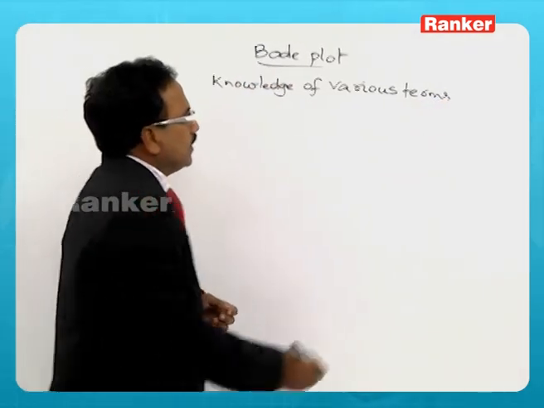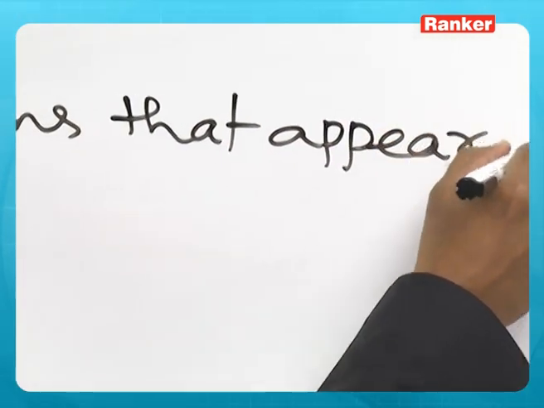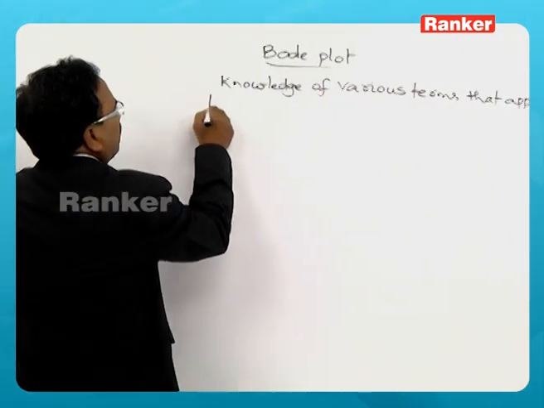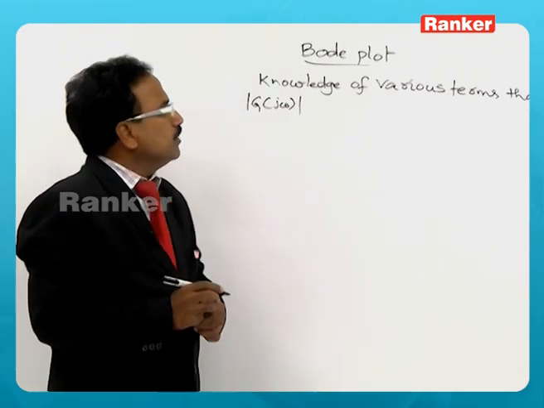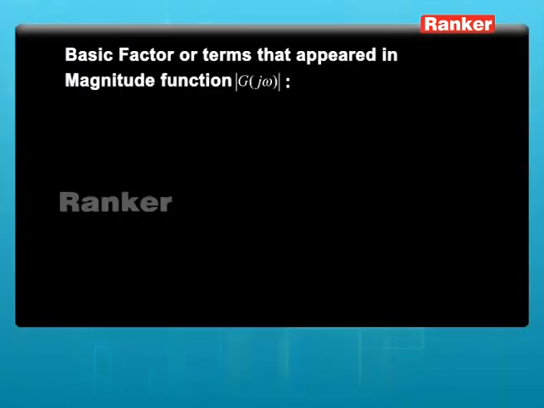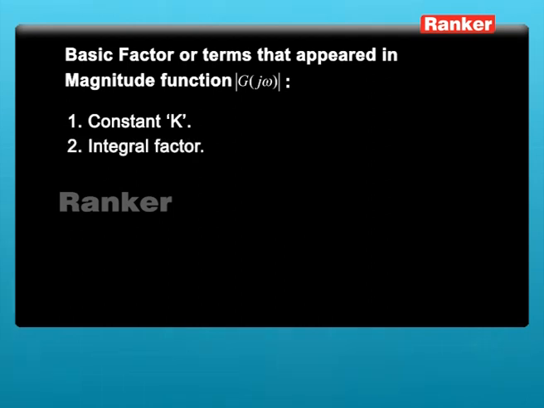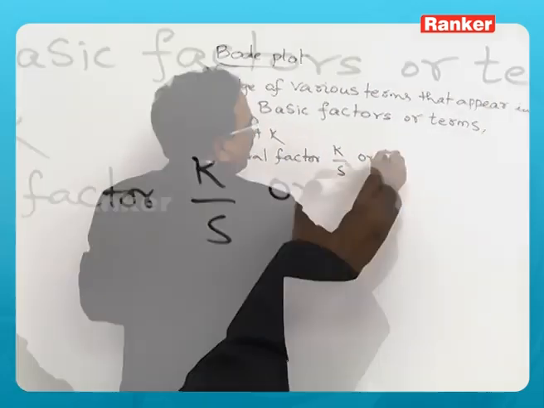That appear in magnitude of g of j omega is required to be known. So, the various basic factors or terms that appear in the magnitude function are, number 1, constant k, then number 2, an integral factor, that is k by s or k by j omega.